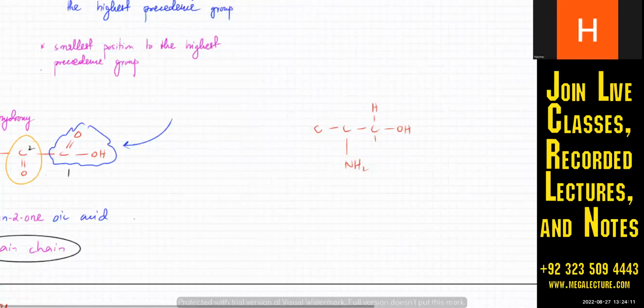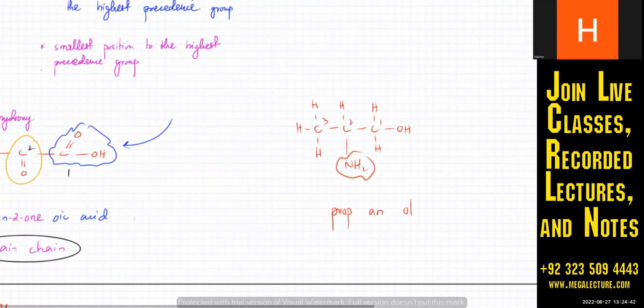So first thing, who's got the highest precedence, alcohol or amine? Sir, alcohol. Okay, so the alcohol. So now it's not going to be a branch. The name will be based on the alcohol, and this would be carbon number 1, carbon number 2, and carbon number 3. So that means it's prop, right? Yes, sir. And it's AN, right? Because there's no double bond, propanol, right?